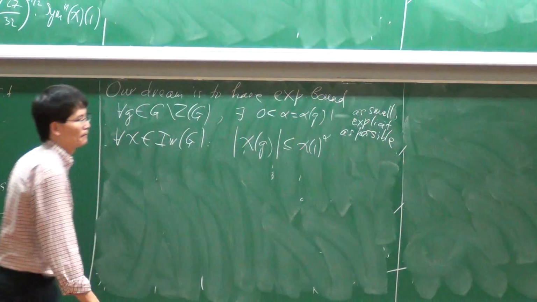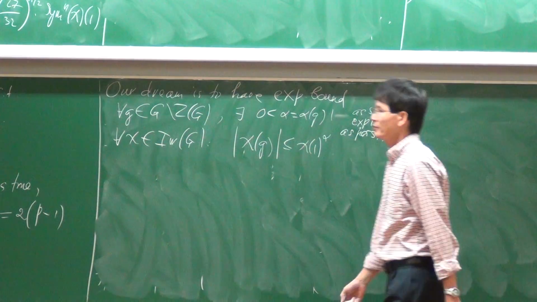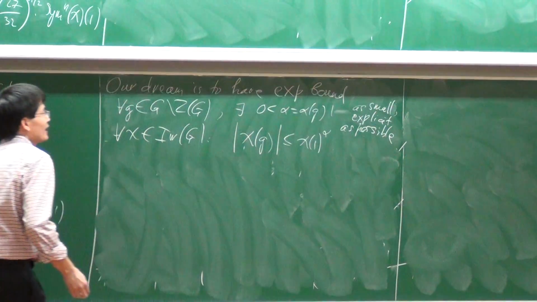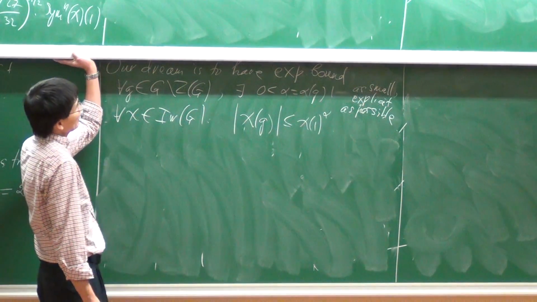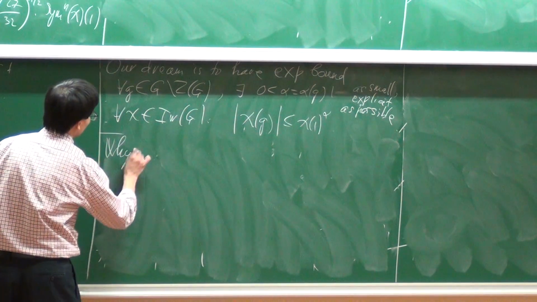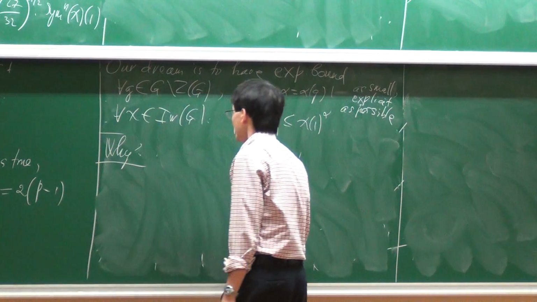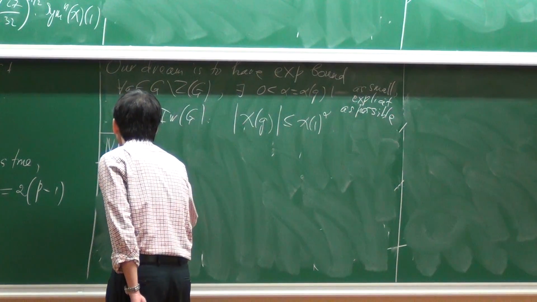to the alpha power. Okay, so why do you want to pursue this? So this is one application. Let's say that I want to study the mixing time in random walk. Let me say it's a lemma.